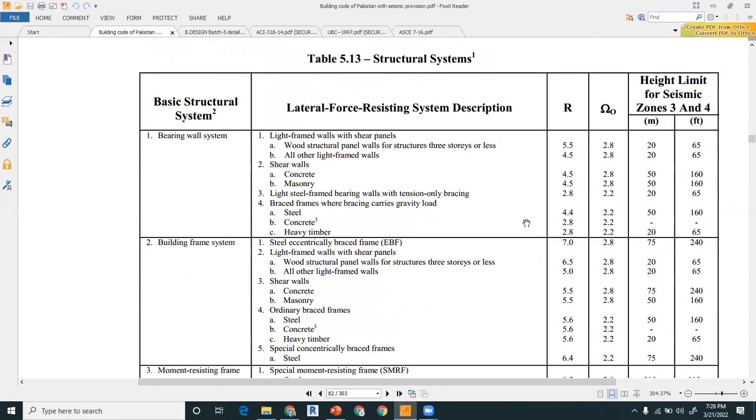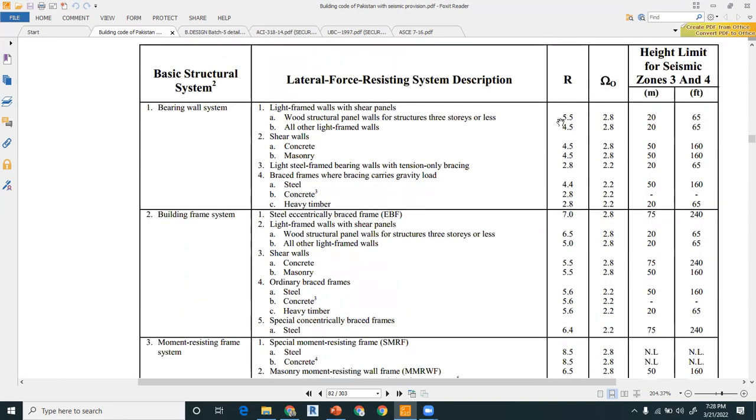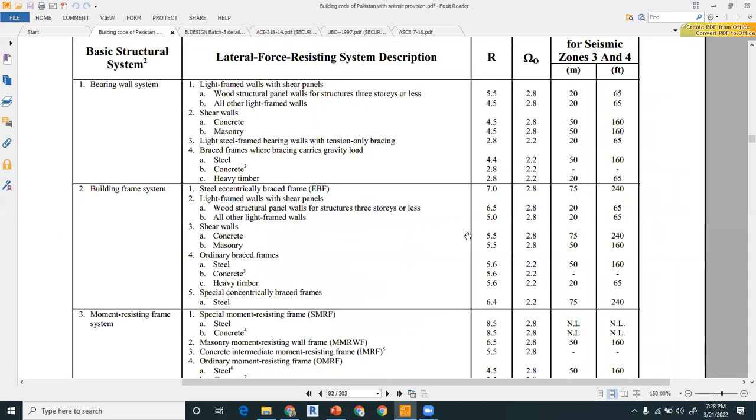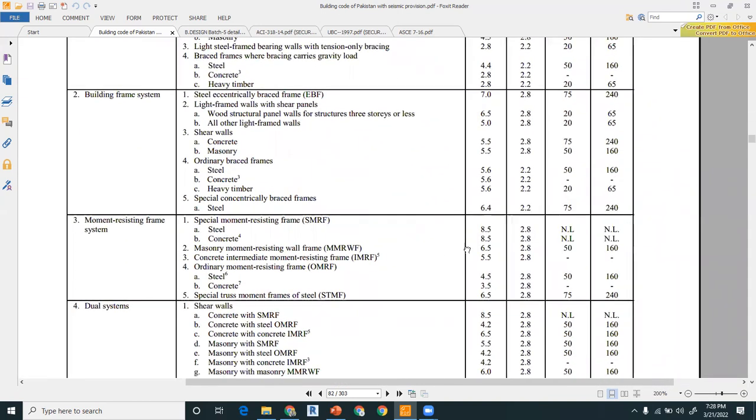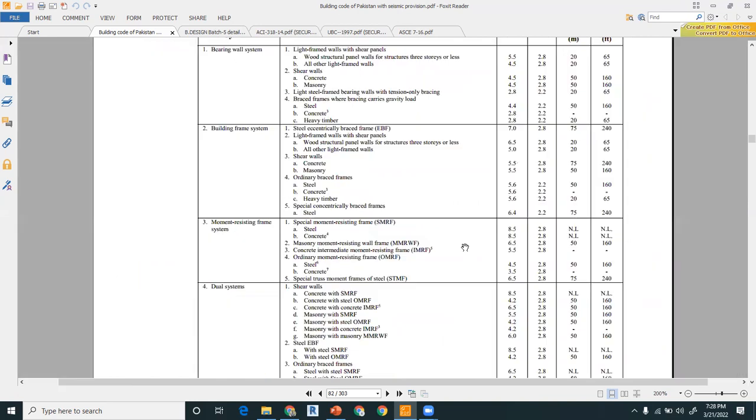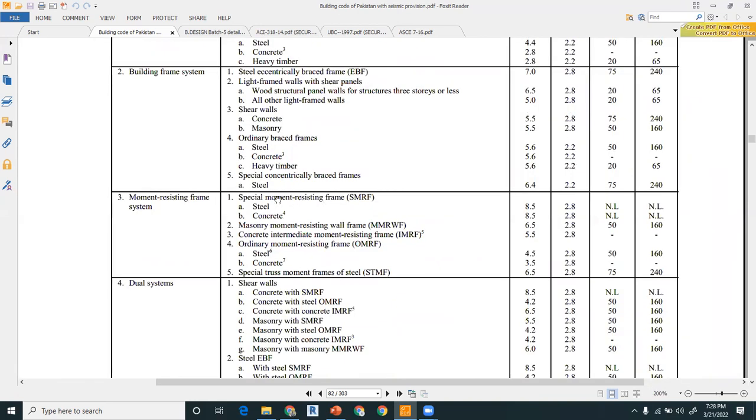If you increase the R value, it means you are telling your software that your structure is more stiff, more redundant, right? And you have to fulfill all the requirements of the special moment resisting frame. For example, if you are designing a structure as an SMRF, you must take the R value as 8.5, but you must fulfill all of the requirements of the code which has been defined for the special moment resisting frame.